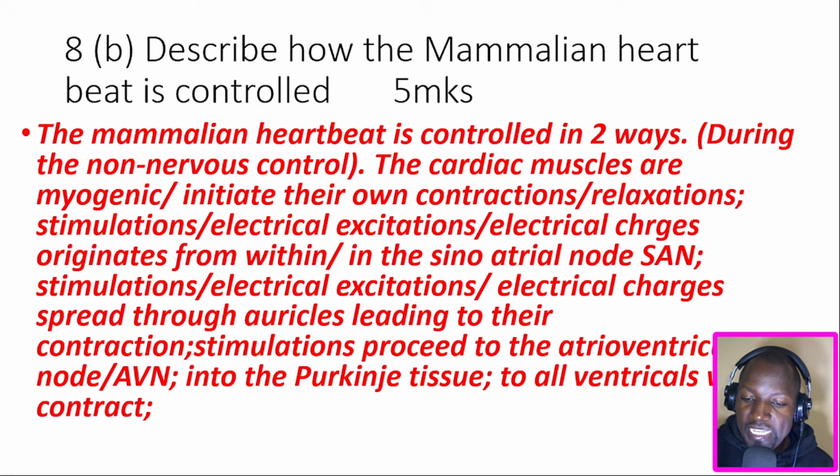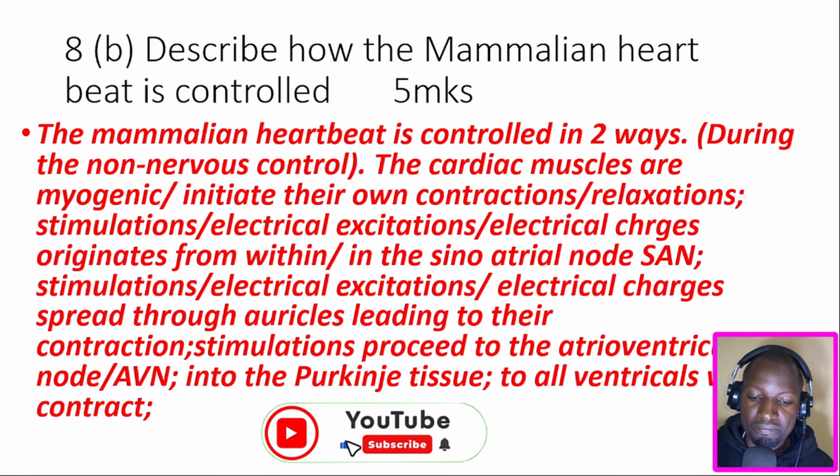This one produces excitations through charges which spread through the auricles, leading to contractions. Then stimulations will proceed to the atrioventricular node, AVN, into the Purkinje tissues, to all ventricles which contract.